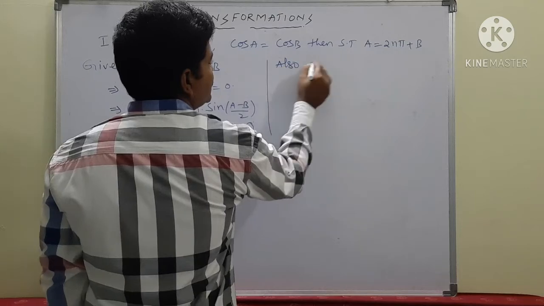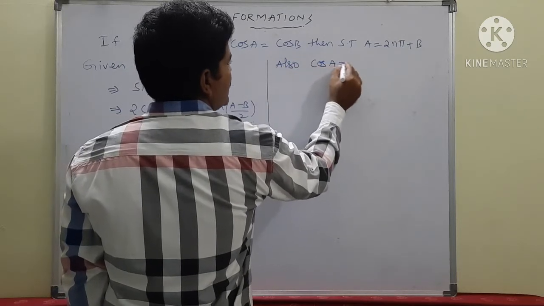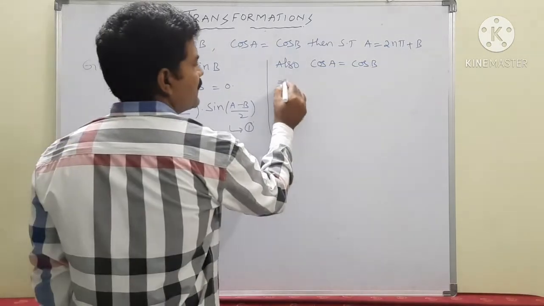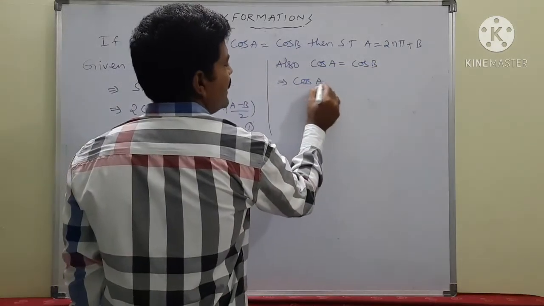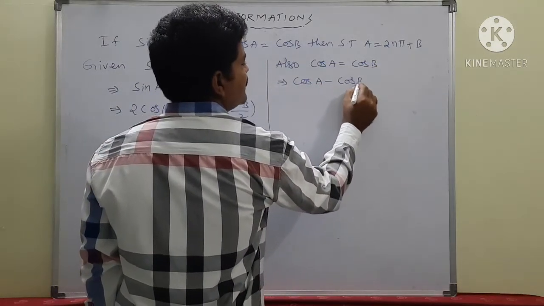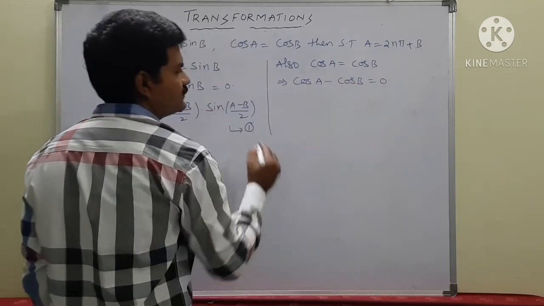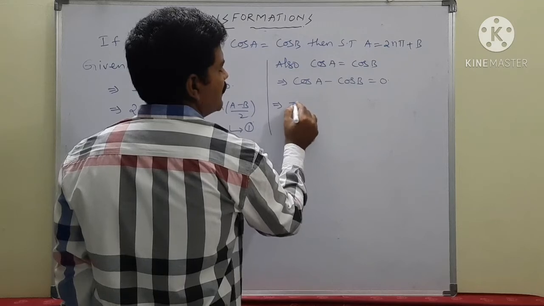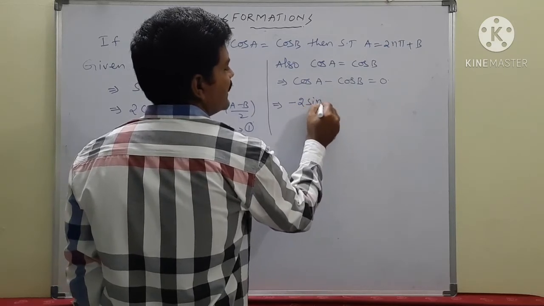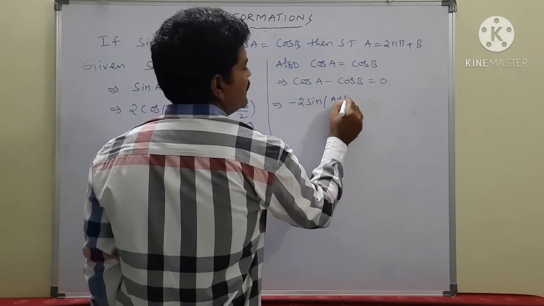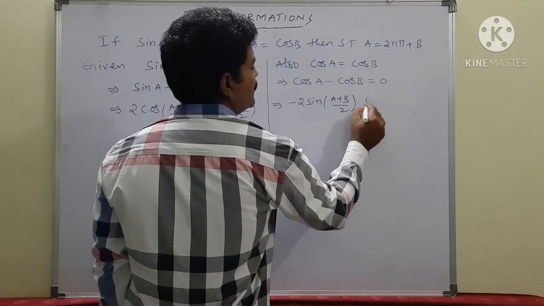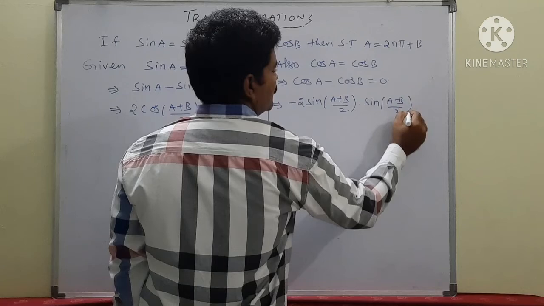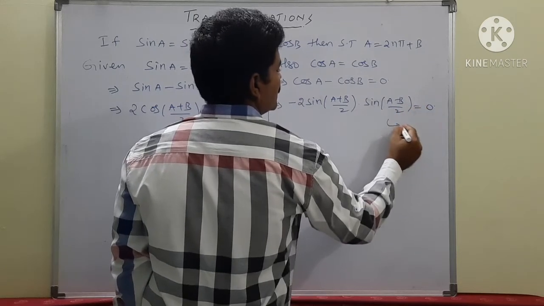Also given that cos A is equal to cos B. So from this, cos A minus cos B is equal to 0, which is equal to minus 2 sin of (A plus B)/2 into sin of (A minus B)/2, which is equal to 0.